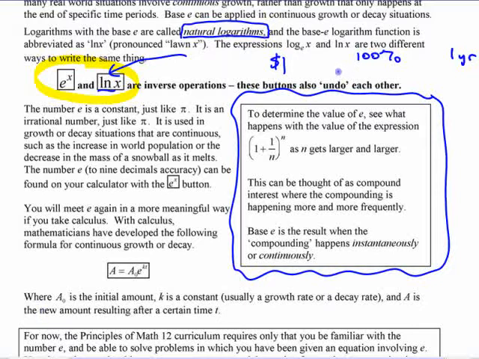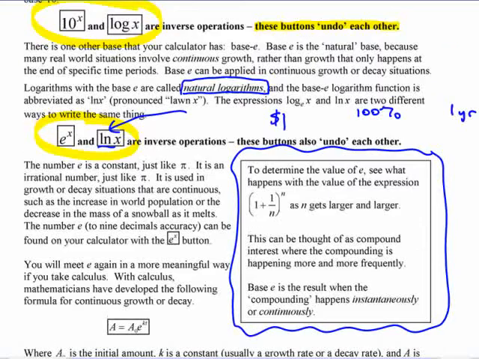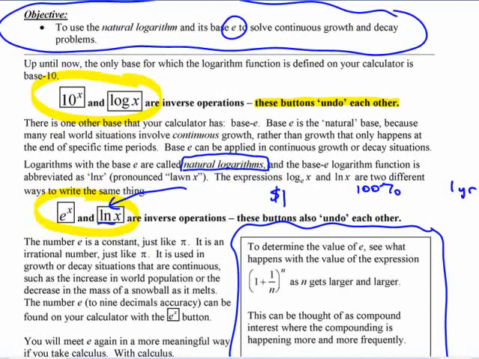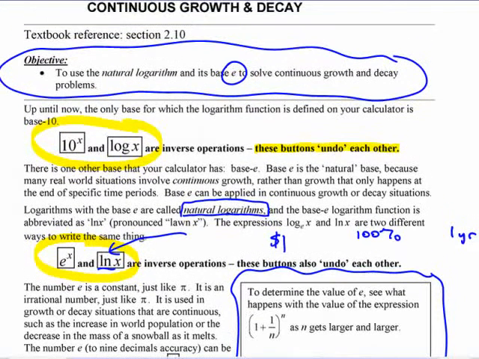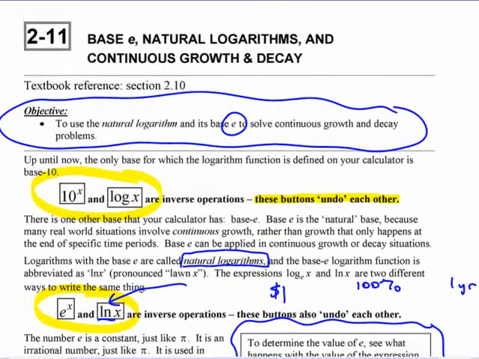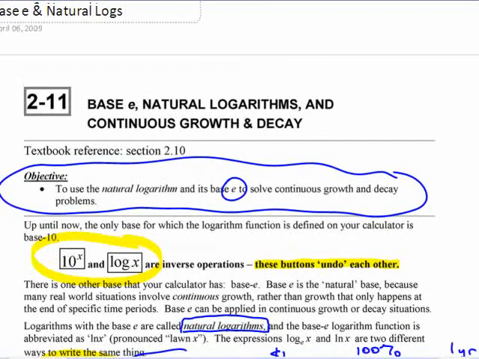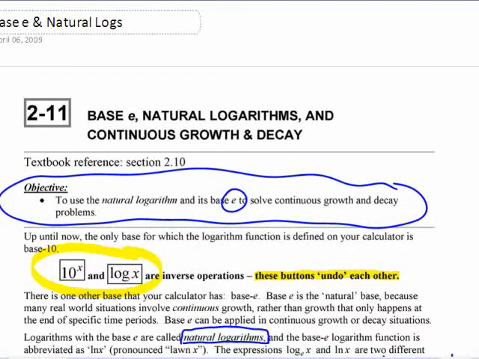If you compound something more and more often, I'm not sure how familiar with compound interest you are, but if you compound something more and more often, what happens to the final amount of money that you have? And I don't want this to kind of make you freak out more about E, but I do want you to have a slight sense of how you can see where it comes from.